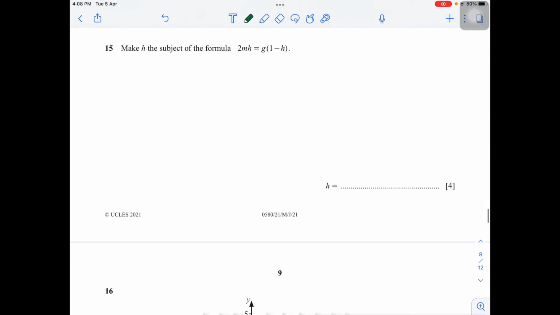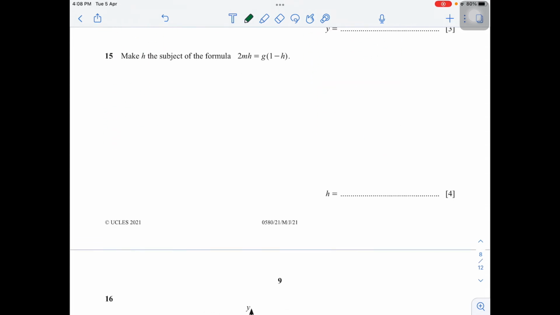Let's try the next. Make h the subject of the formula 2mh equals g times (1 minus h). First expand. So 2mh is g minus gh. I need h the subject of the formula, so bring all the h's together. 2mh, any term with h, I need them together, plus gh.